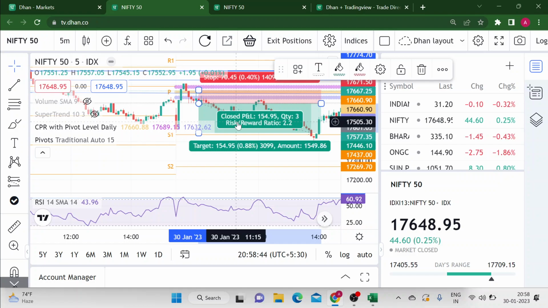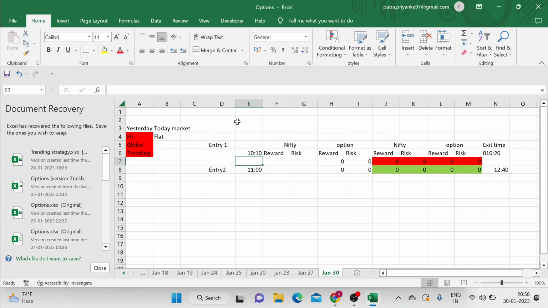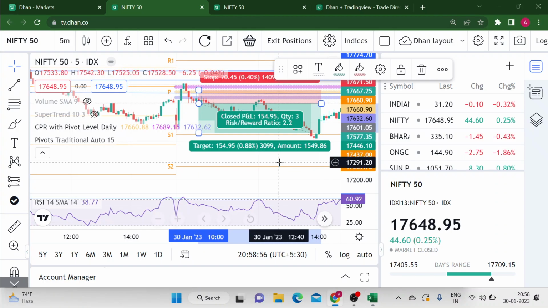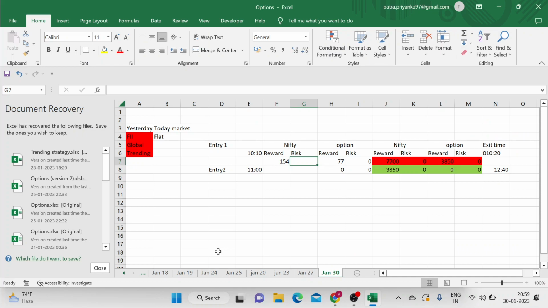So today this is a very successful trade, and you are getting a reward of 154 points and you are putting the risk of about 70 points, which is more than 1 to 2. For taking 1 point of risk, you are getting 2 points of reward.